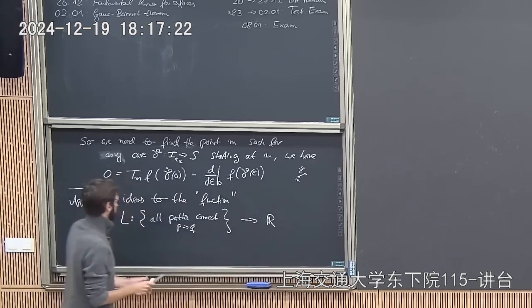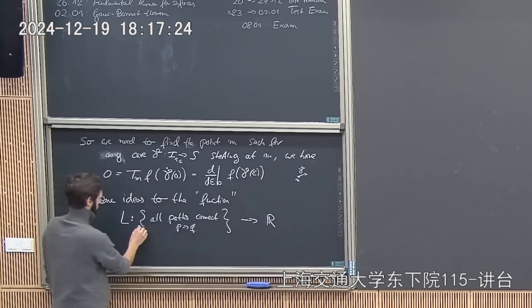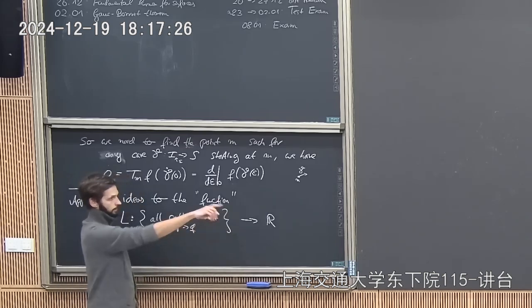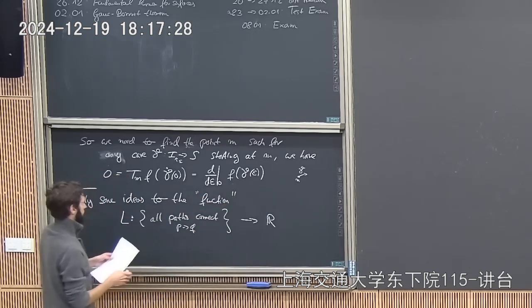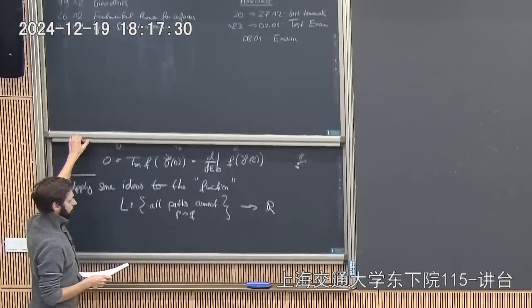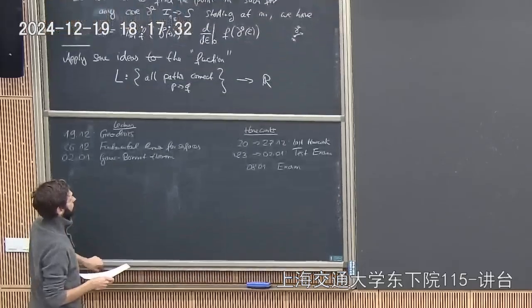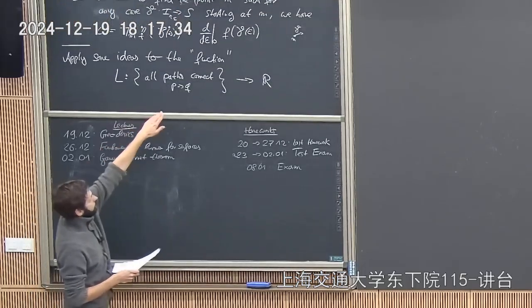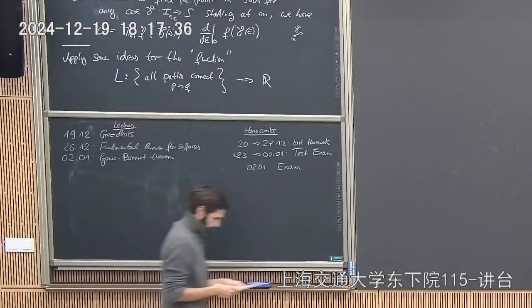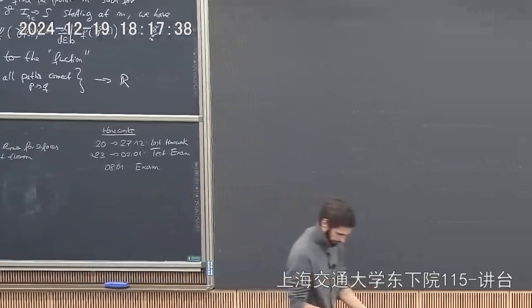So what we need to do, if you now consider this one as the S over there, is find a variation of our original curve, and then we evaluate L along these variations.